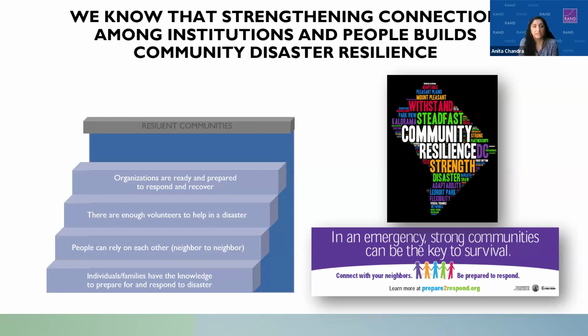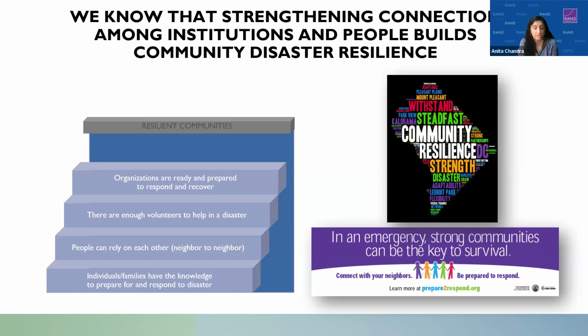And one of the things that we learned through our work with communities, providing technical assistance and support, but also studying communities both in the US and nationally, is that when you look at communities side by side, regardless of socio-demographic characteristics, resource level, and the like, which certainly does matter in disaster response and recovery, communities that have strong ties between individuals, neighbors to neighbors, have a sense of volunteering, organizations that are ready to respond, and have strong ties between individuals and organizations tend to be more resilient, able to lessen the recovery time after a disaster.